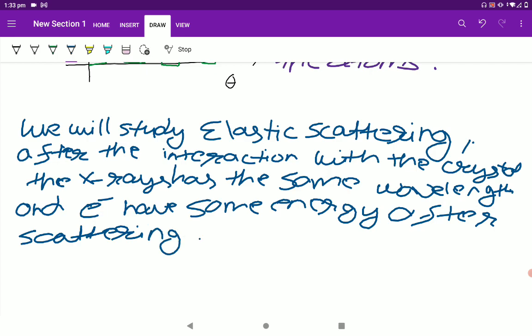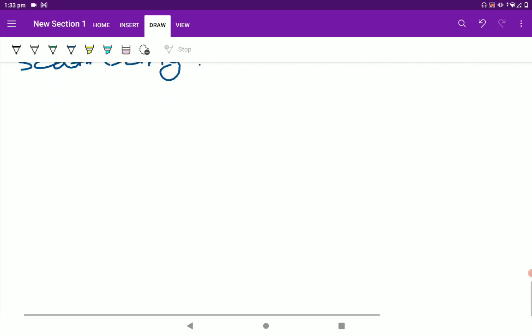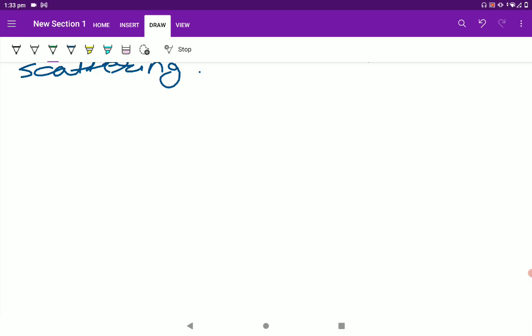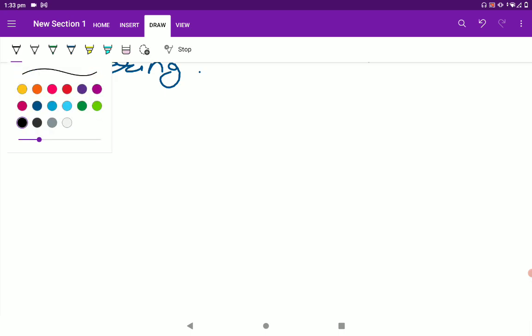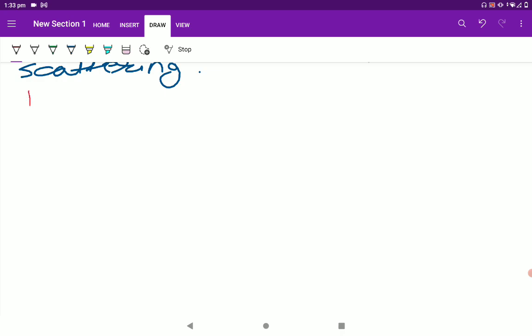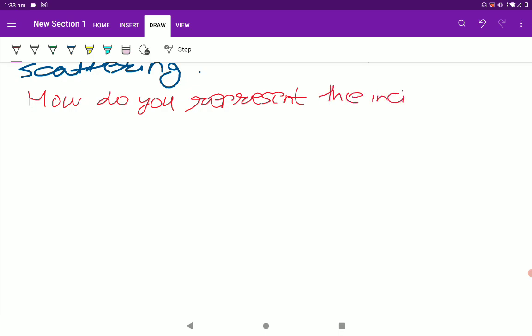So the question is, how do you represent the incident beam of X-rays?